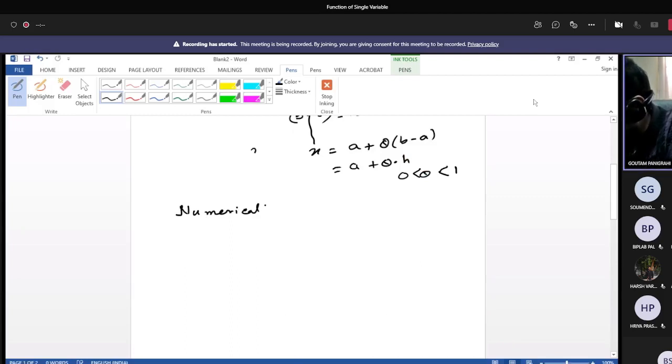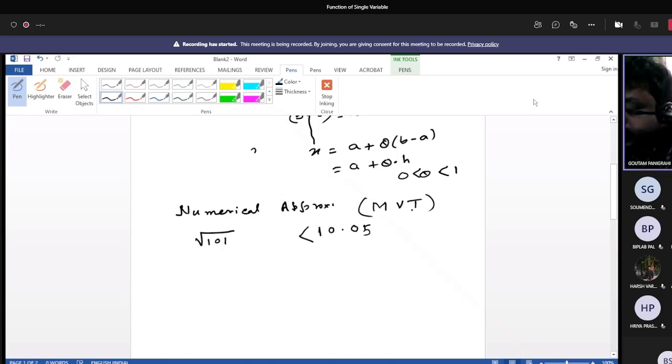Now here, suppose you are given a problem: prove that root over 101 is less than 10.05 using the mean value theorem.